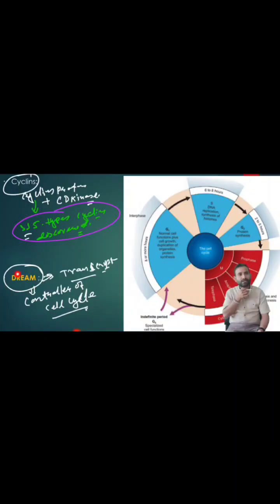If there is DREAM activation, then the cell does not age. The aging of the cell will be delayed if DREAM activates. That's why DREAM is also called the anti-aging protein or anti-aging transcription factor. Nowadays it is being used in genetic research to delay or prevent aging. This is a very important protein. In the future, it may give very good milestones in genetics.